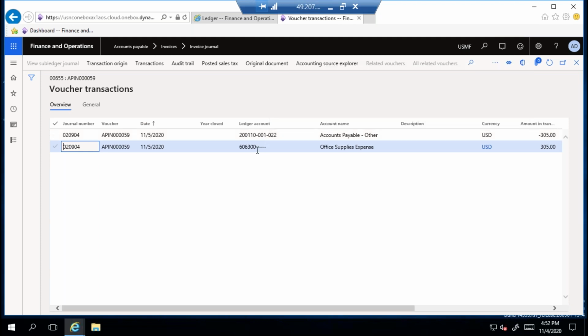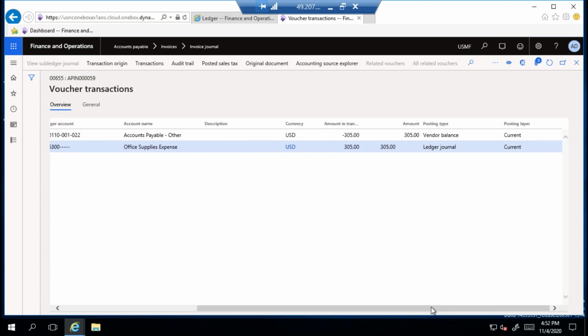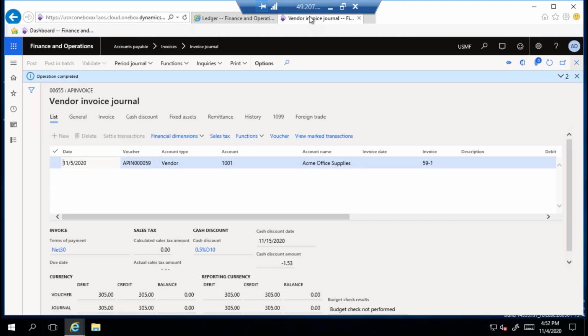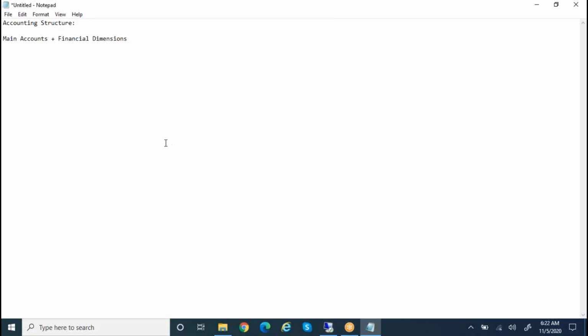For the 6 series we have not made it mandatory, it is optional. That is the reason it is posted like this. Okay, so now whenever you are mapping this, you can create any number of structures. Suppose I want to map like this.